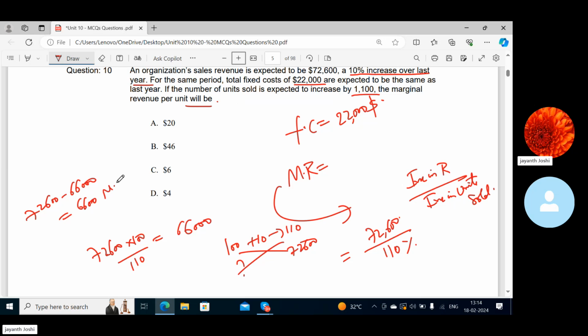So this is marginal revenue by marginal units, or extra units. 6,600 divided by 1100. What's the answer? 6. Right?